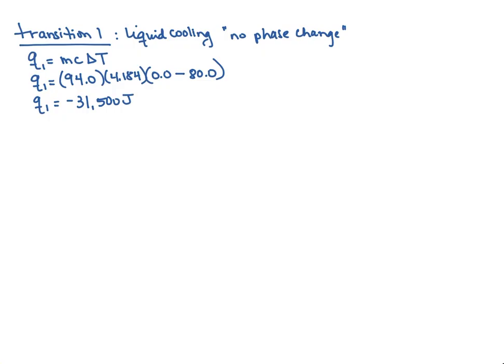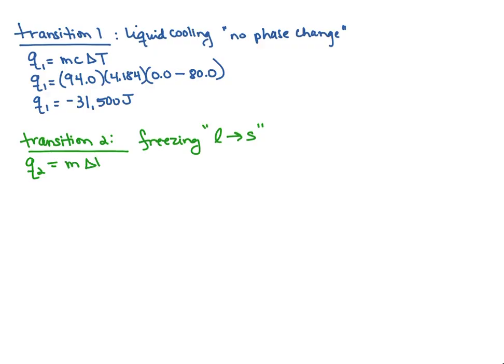For my second transition, I'm talking about freezing, which is liquid to solid. So there's been a phase change. Because there's been a phase change, I'm going to have to use one of the newer formulas, which is Q equals M times delta H. I'm going to go ahead and plug in my numbers.